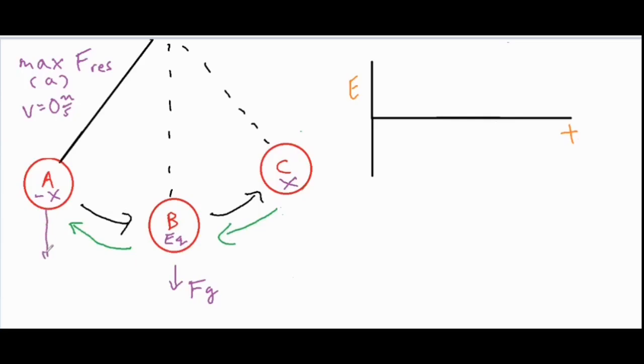Now when it's up here, we have FG pulling it straight down as usual from the Earth, but then we have two different components. We have a y component and an x component.